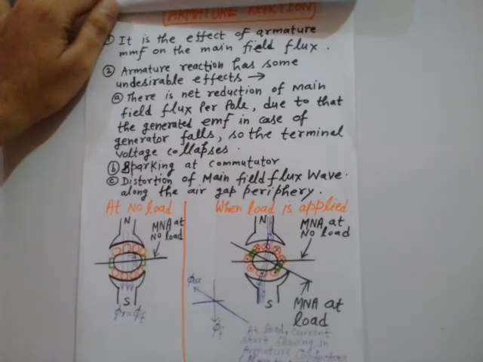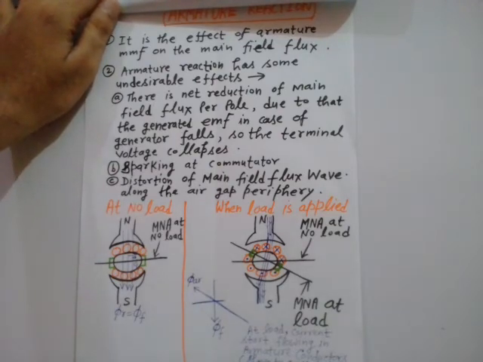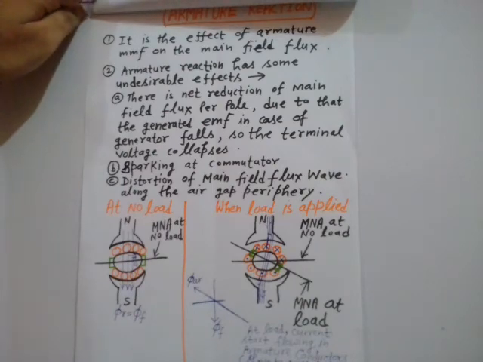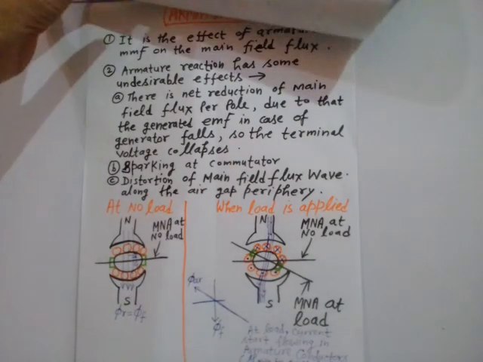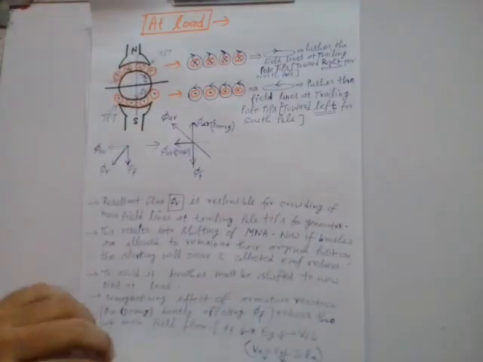That we will discuss in the next lecture. So today in this lecture, what I have discussed is what armature reaction is, and what the effects of armature reaction are, right? So I will be concluding this topic.